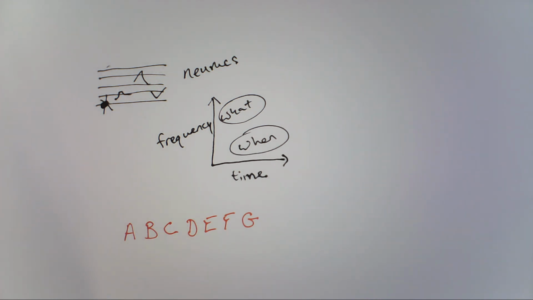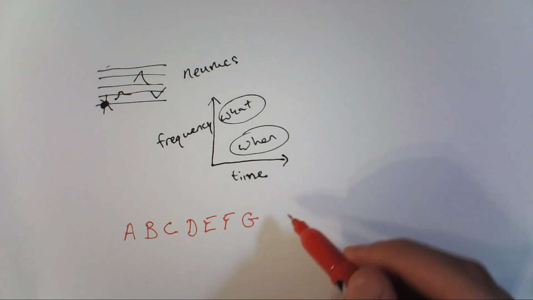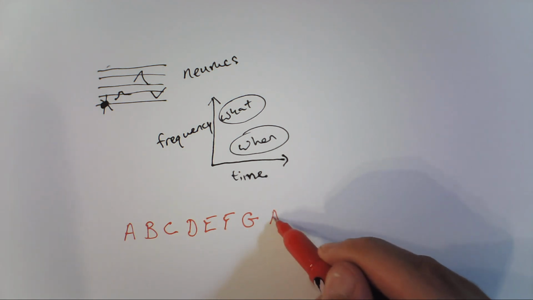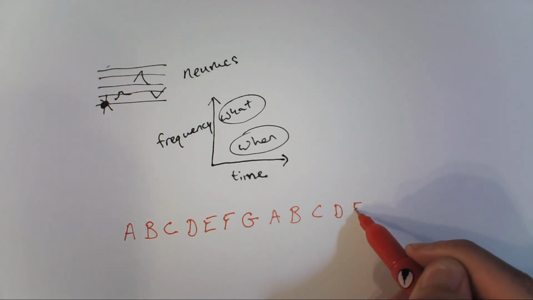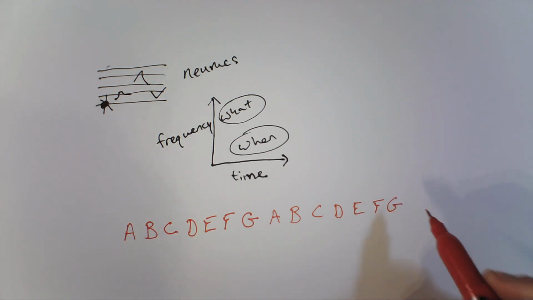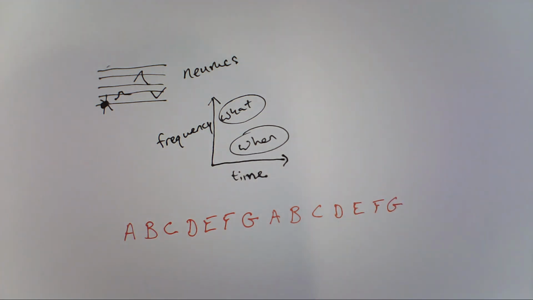Well, the alphabet actually continues on, but instead of going to a new letter, it repeats. So after G, you guessed it, we go through it again. A, B, C, D, E, F, G. Now, I suppose you could do this on and on forever, but eventually we'd get up to a point where we're so high in frequency that we humans cannot hear the pitch anymore, or we'd go so low that, again, we humans could not hear that pitch.